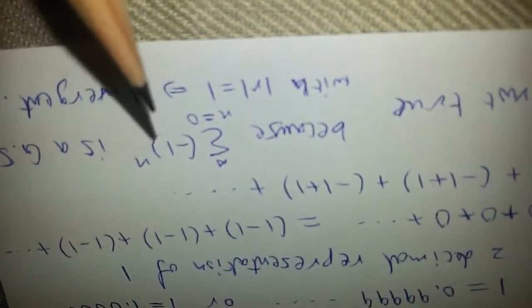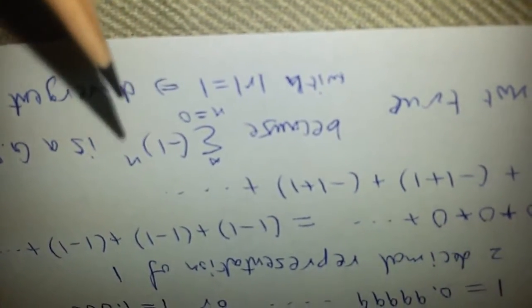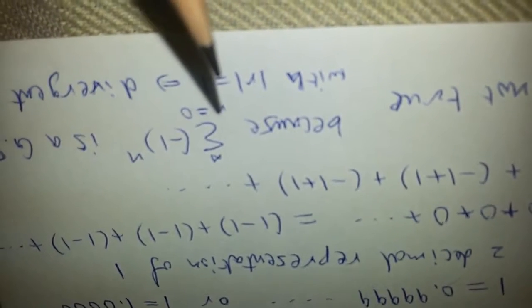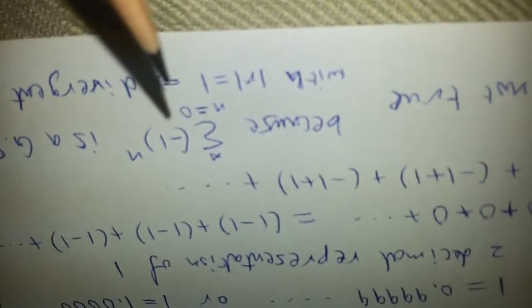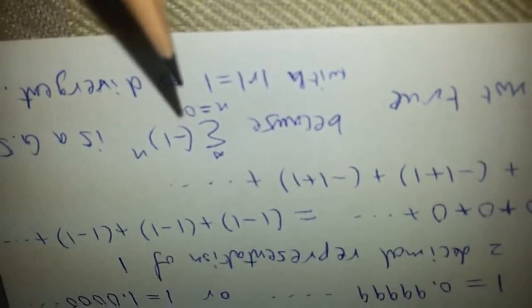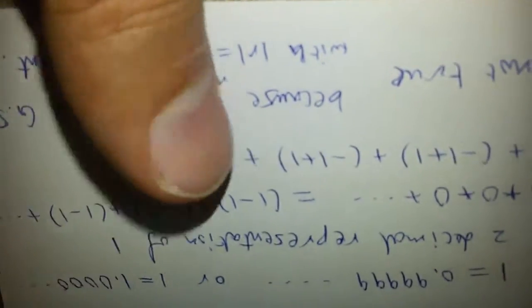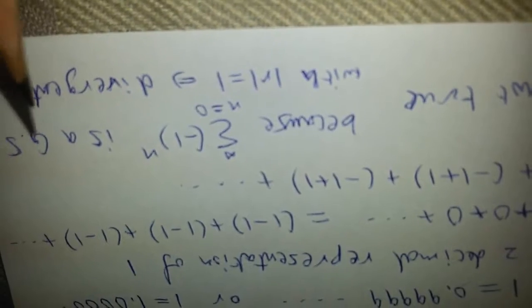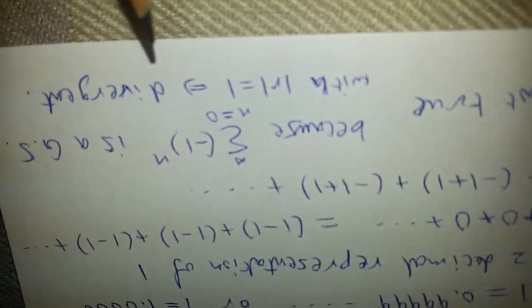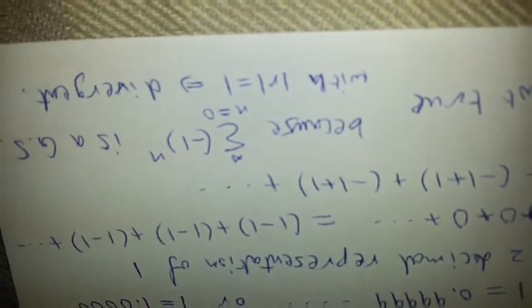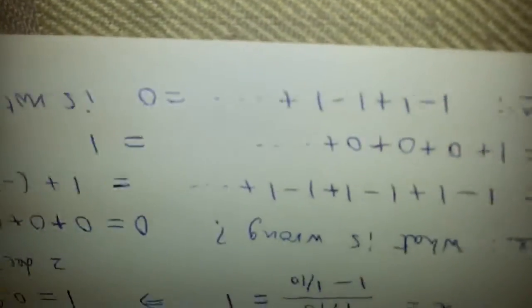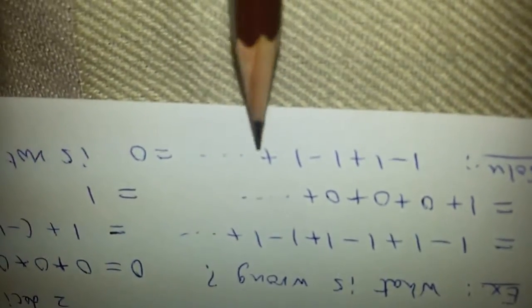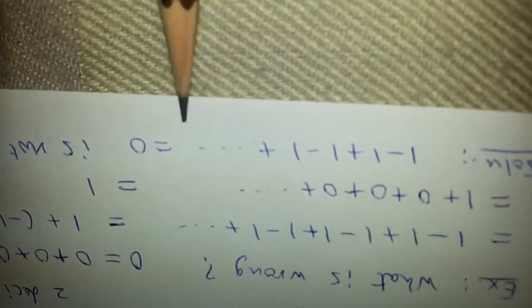Put 1, you get negative 1. So this is 1 plus minus 1 plus minus 1 forever. This is a geometric series with r equals negative 1. So the absolute value of r is 1. So this geometric series is divergent. It's not convergent. So it can't converge to 0. So this sum is not correct. Good luck.